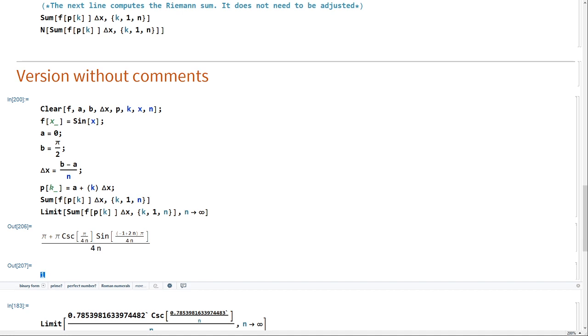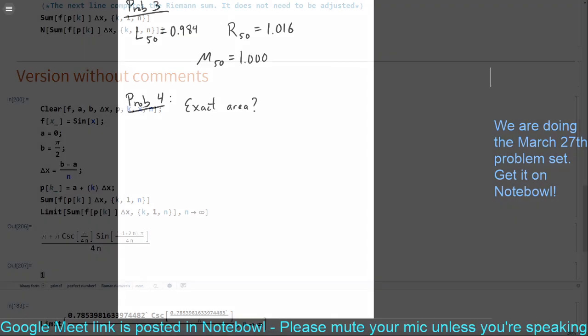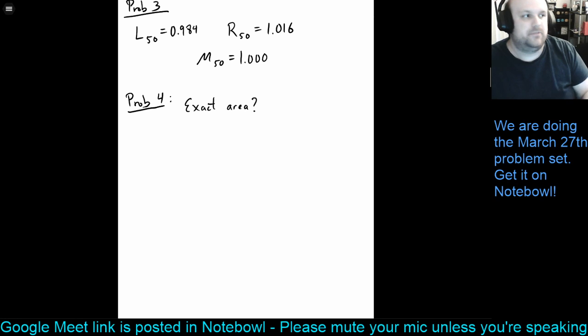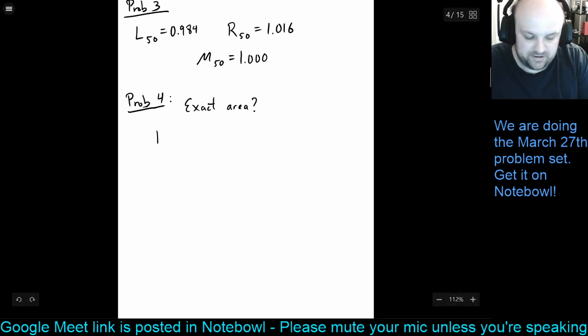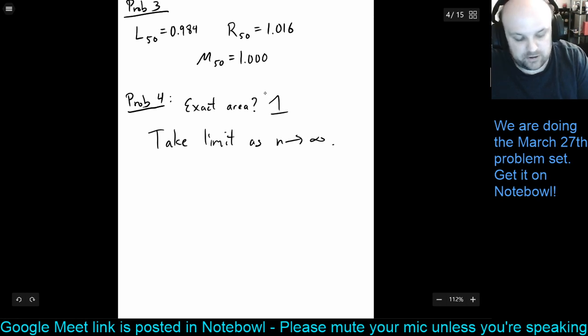So the nice thing is, like I said, at the end of the day, no matter what method we use, it's always going to push off to the correct area. So the answer to this would be basically take the limit as n goes to infinity. And the exact area is 1.